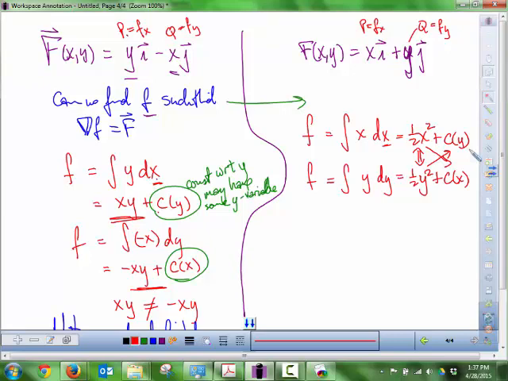Right? So if I say my f function might actually be 1/2 x squared plus some constant with a y in it, well, how about let's just say 1/2 y squared? And maybe another constant. Let's just throw in another constant for good measure. This time it's a real constant with no variables. Then this is your original f function whose gradient is actually equal to this.